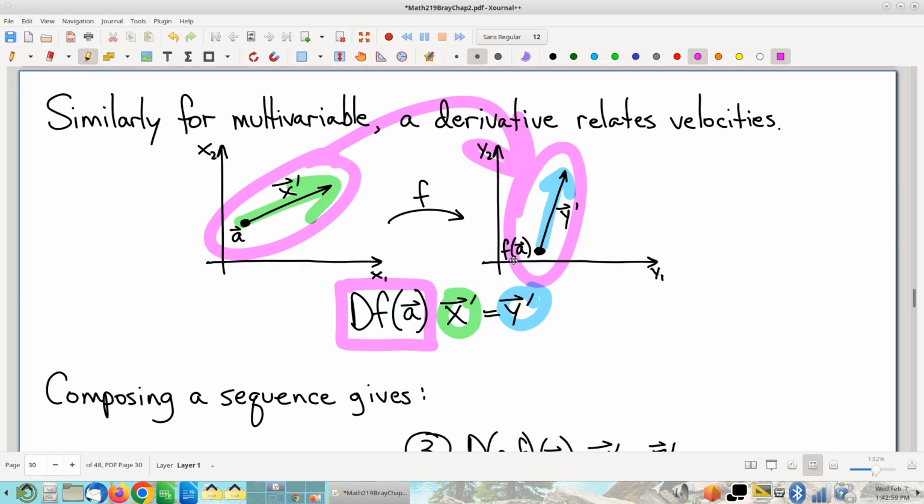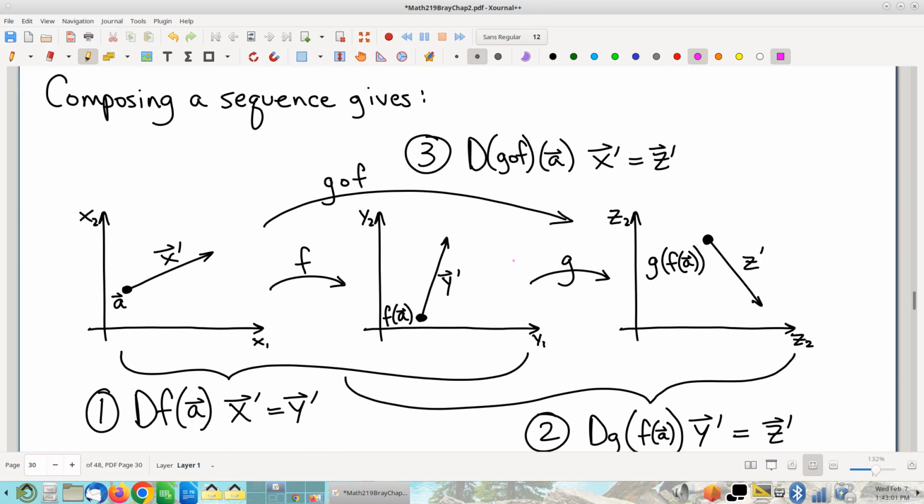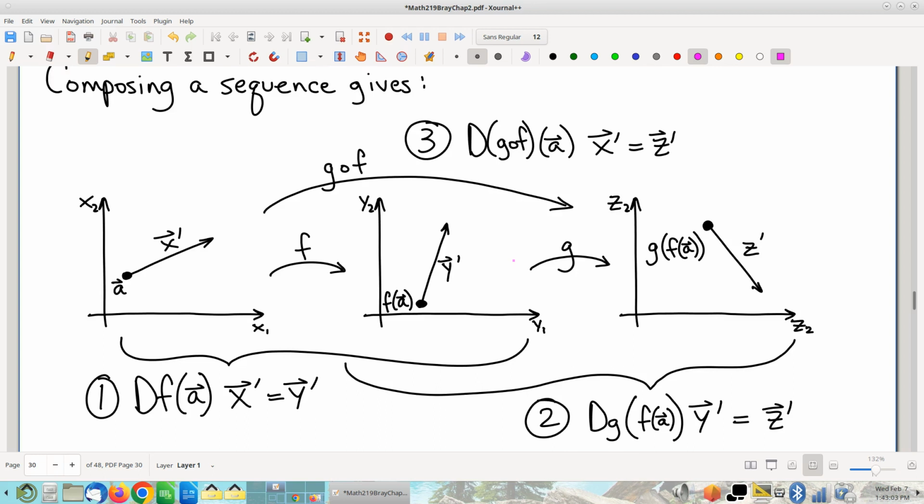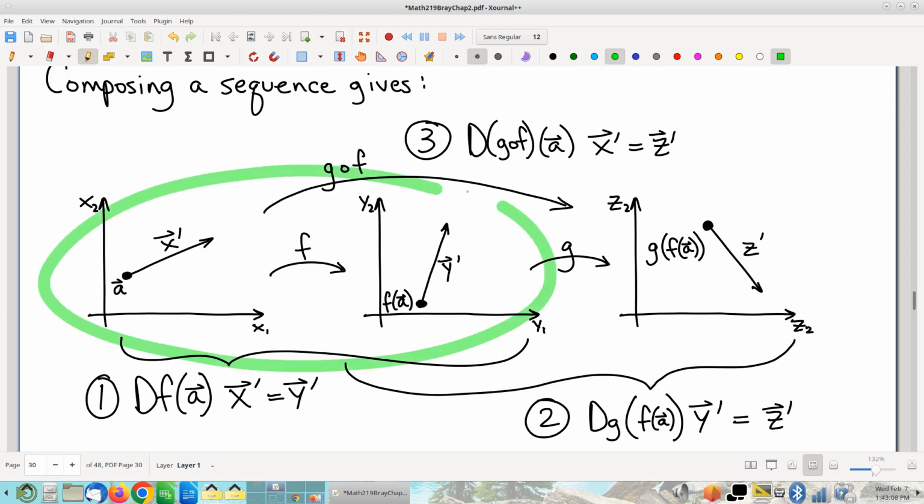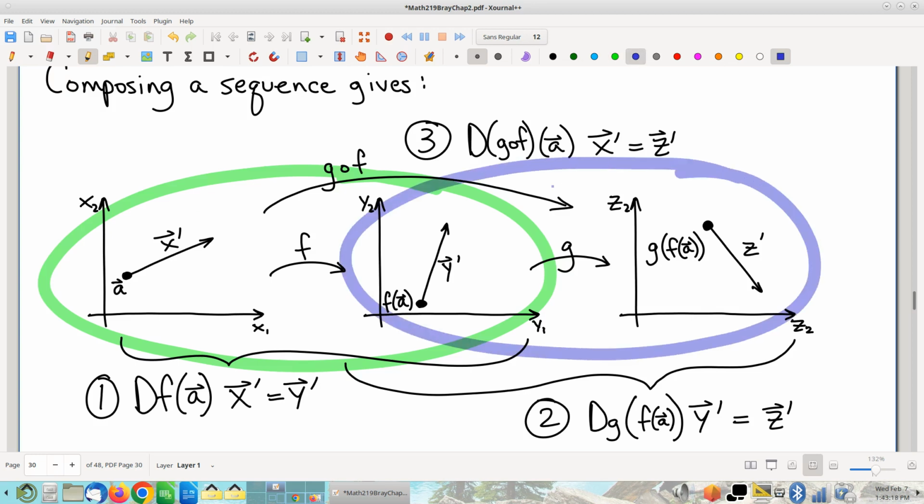Okay, so let's again look at a sequence of functions, and here we go. Let's see here. We have this function f that takes now several x variables to several y variables. We're going to think about a function g that takes those outputs, the y variables, uses them as inputs and takes them to new outputs, the z variables.